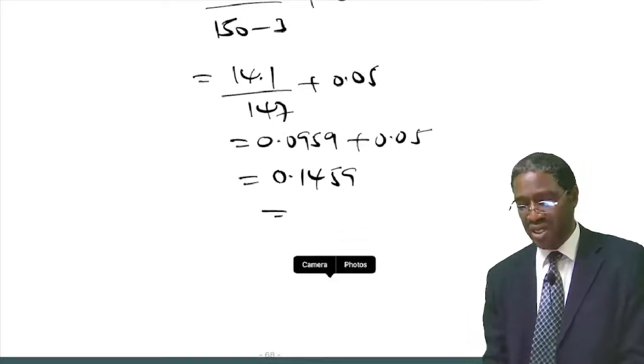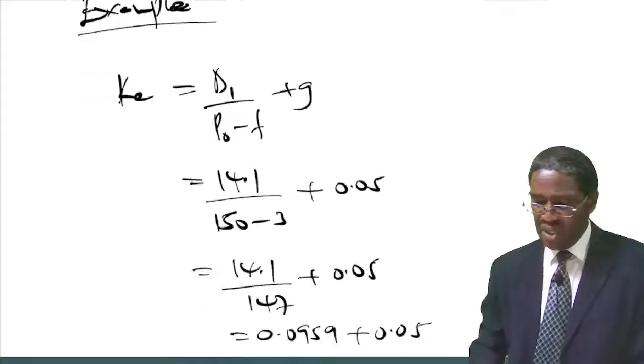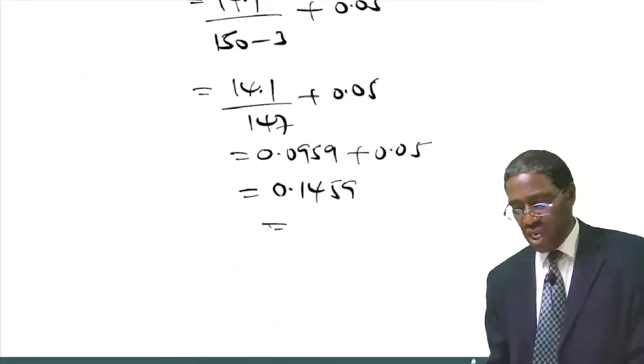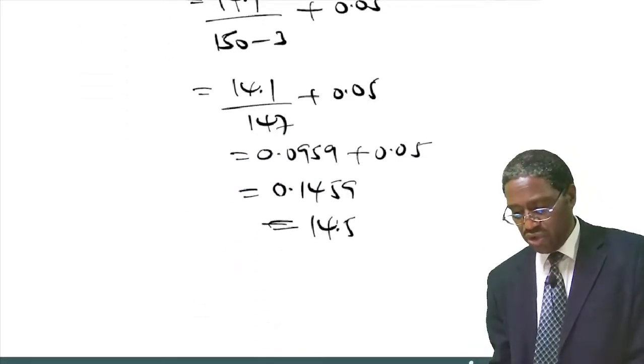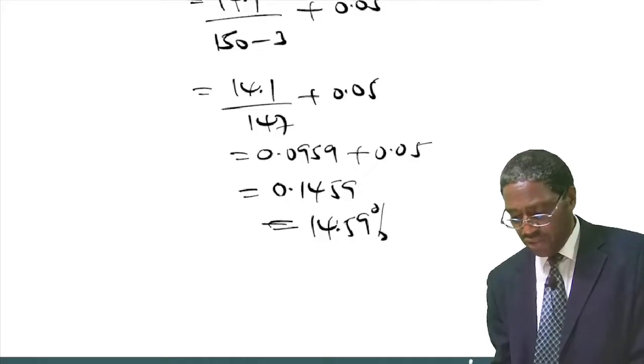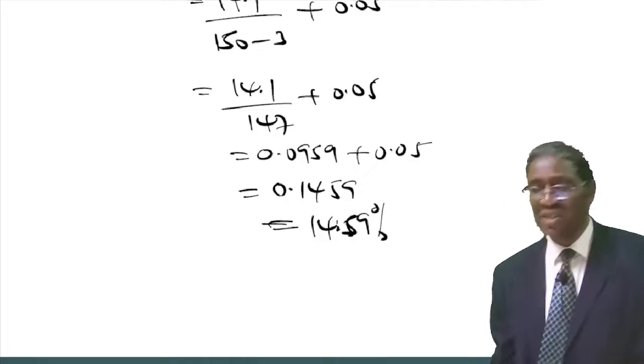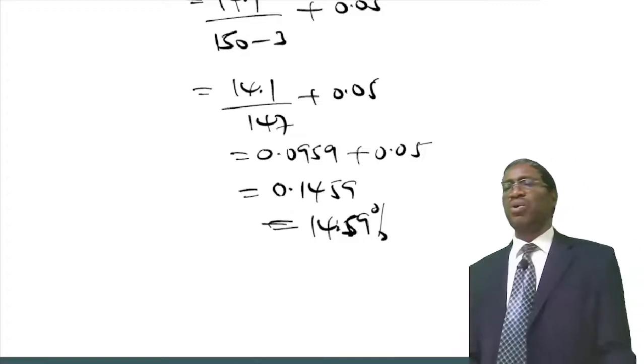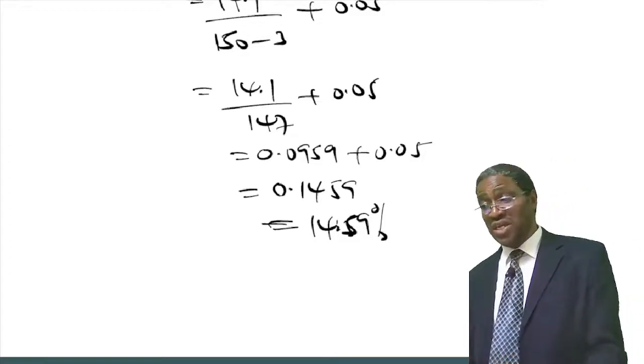If I multiply by 100, this will be the same as 14.59%. Good. That is it for the cost of ordinary shares.